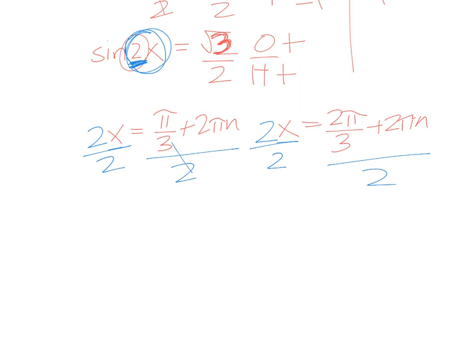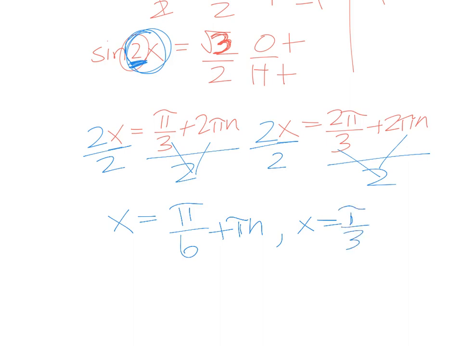Divide it into both parts, and we'll get x is equal to pi over 6 plus pi n. And we'll get 2 pi over 6, or 2 pi over 6 is the same thing as pi over 3 plus pi n. Alright, and that's our solution.